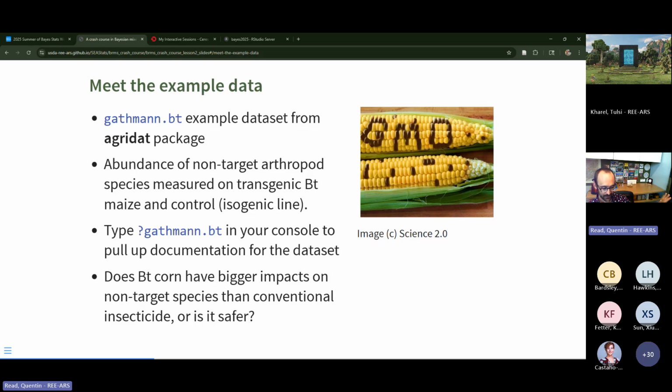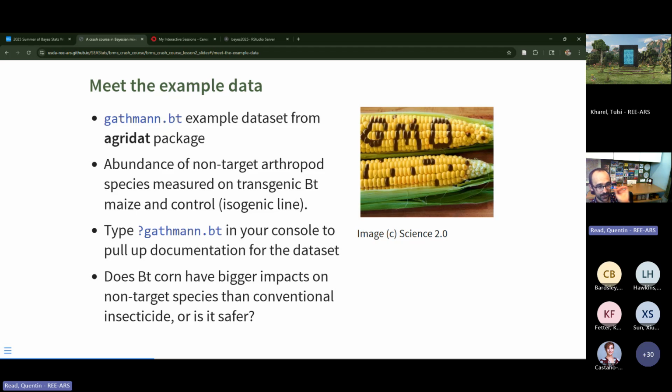But then defenders of GMOs would respond and say, well, since we don't have to spray with pesticide as much, it actually has less negative effects on arthropods living around it than conventional corn.